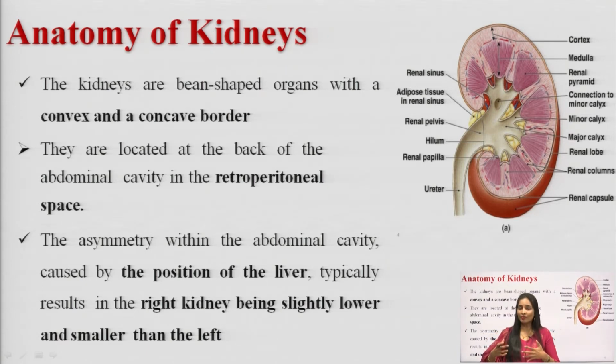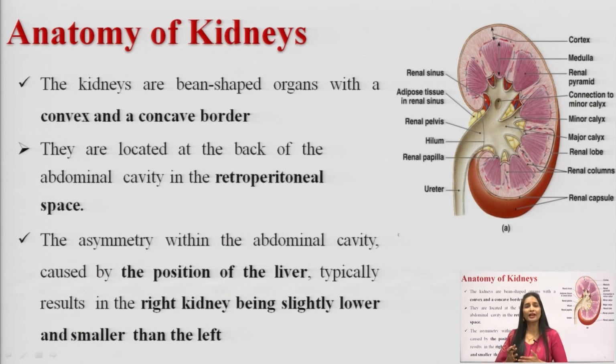So the liver occupies more space on the right side, and at the back there we can see the right kidney. Behind the stomach you can see the left kidney. So this is the reason the right kidney is slightly smaller in size, because of asymmetry in the abdominal cavity.